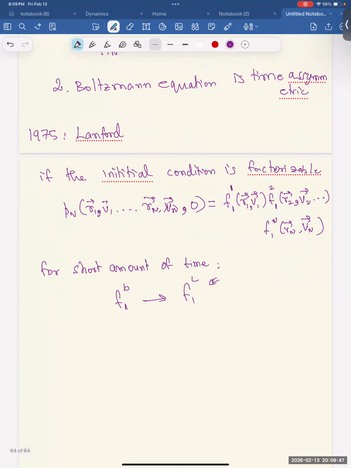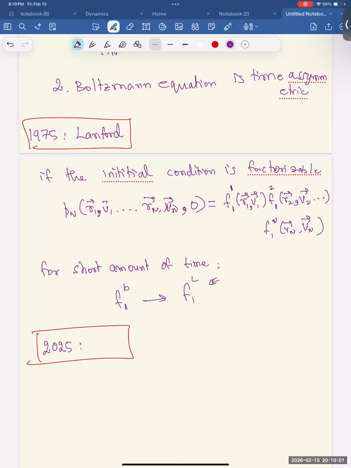But so this was 1975. In 2025, a group of mathematicians, and two of those are actually at Michigan, the faculty's name is Zahir Hani. I think Deng, Hani, and Ma are the three mathematicians.